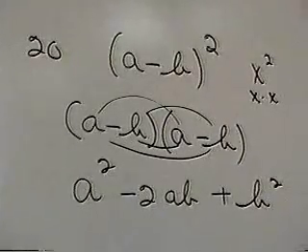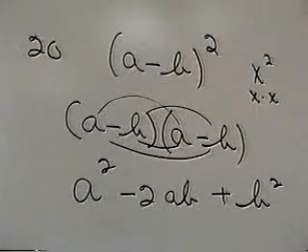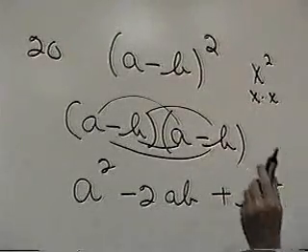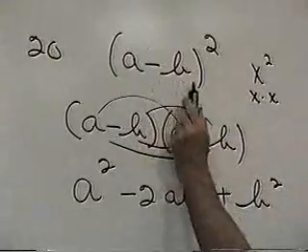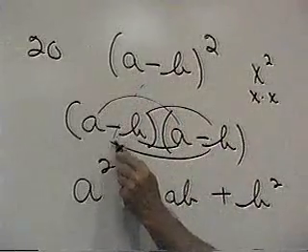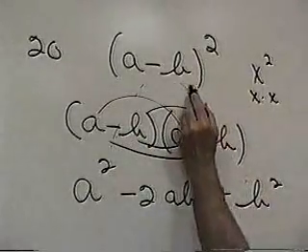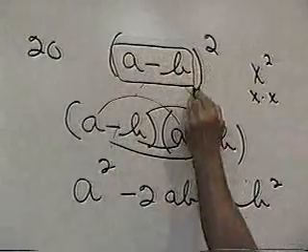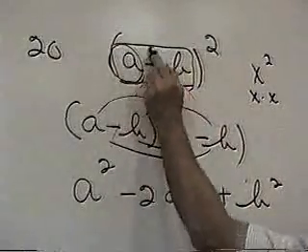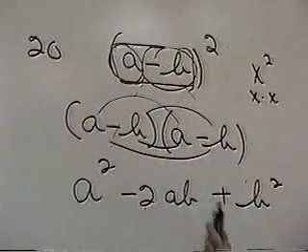All right. So if you notice this, when you square a binomial, it's the first one squared, the last one squared, and then it's this times this doubled. This a times a minus b doubled. It's a shortcut method.